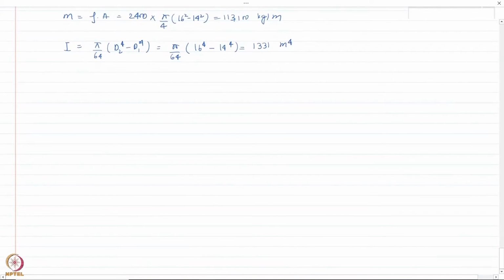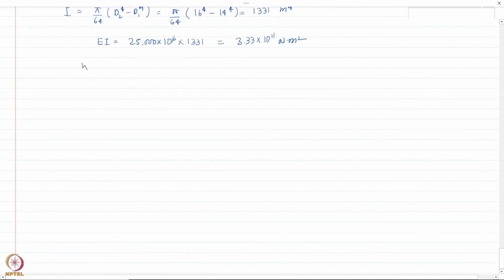So the flexural rigidity, which is EI, can be found out as 25,000 MPa, and I can convert MPa to Newton per meter square as 10 to the power 6 Newton per meter square times 1331 meter 4. This comes out to be approximately 3.33 times 10 to the power 11 Newton meter square.